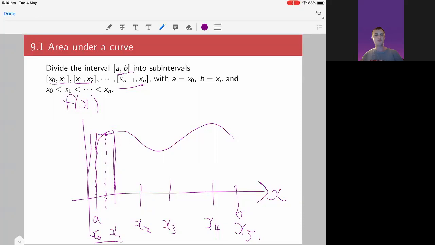That should give me a pretty good understanding of what the area under the curve here is. I just say the area under that portion of the curve should be approximately the area of this corresponding rectangle.